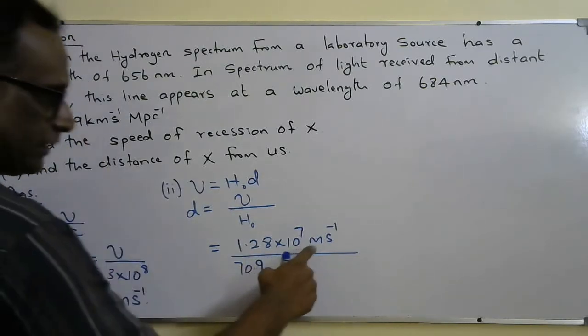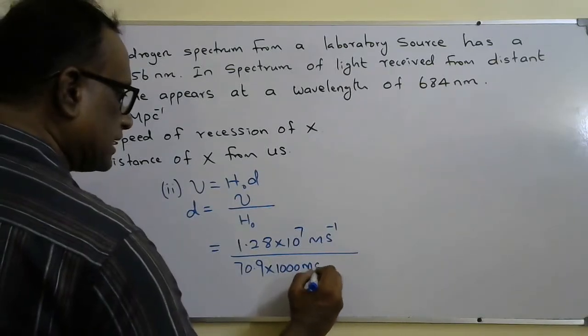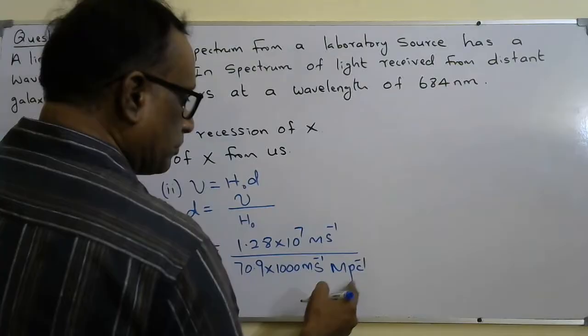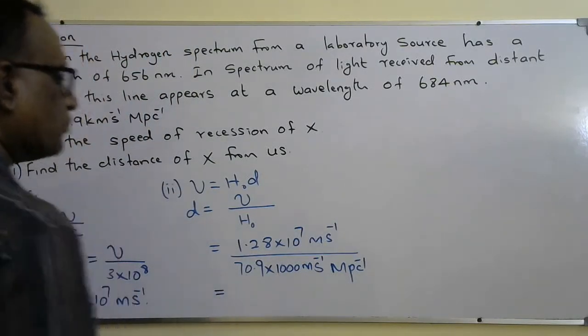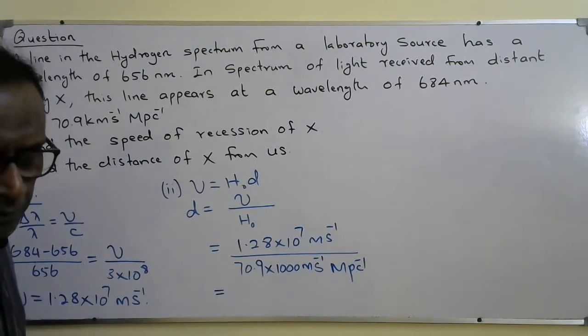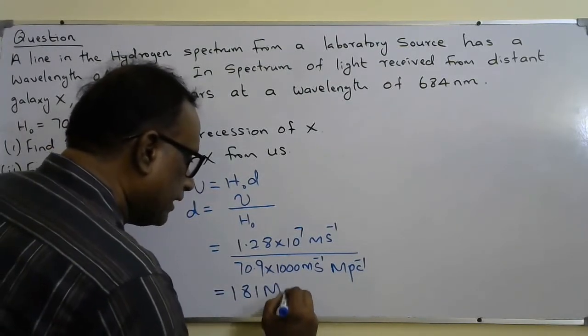So we'll convert to meter because here is meter. So multiply by 1000 meter per second per megaparsec. So megaparsec will go up. Meter per second will get cancelled. So we'll get the final answer in megaparsec. Solve it. So almost 181 megaparsec.